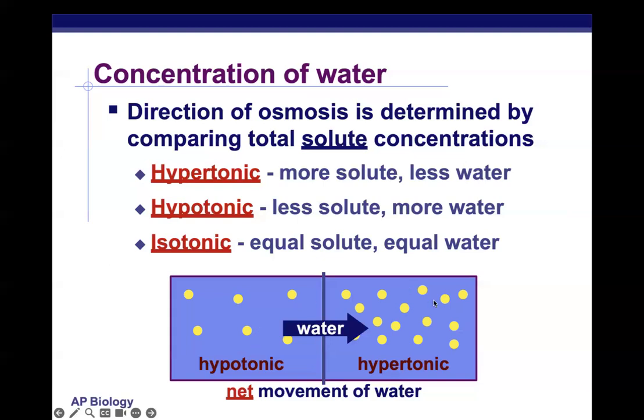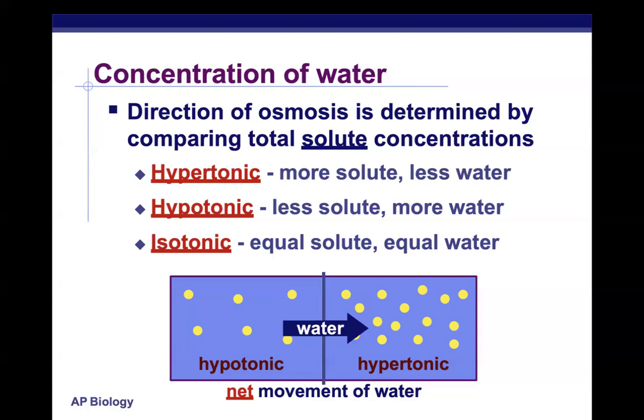Hypertonic, less water. Just simple diffusion, but from the hypotonic side to the hypertonic side. Now, if there was the same amount of solute and therefore the same amount of water on both sides, we would call the two sides isotonic, and there would be no net movement of water in either direction.